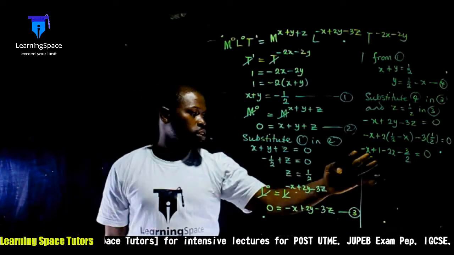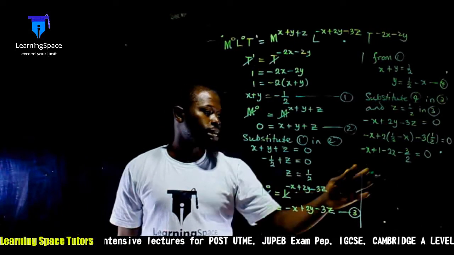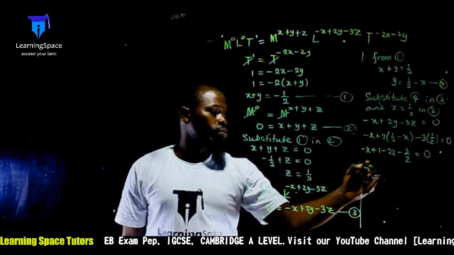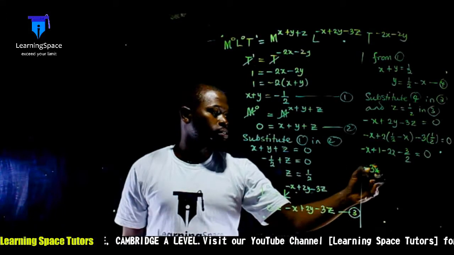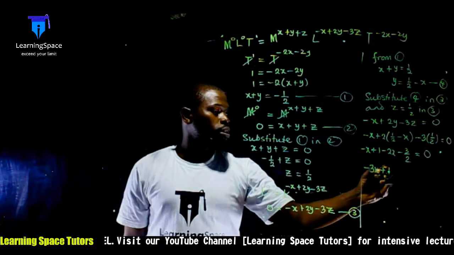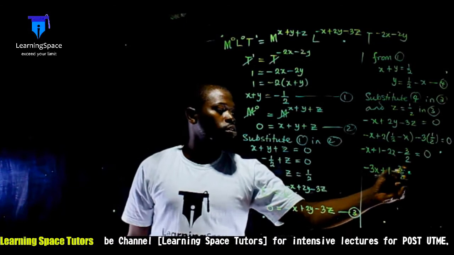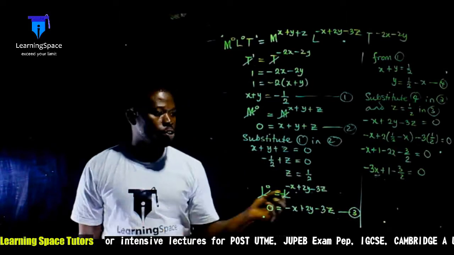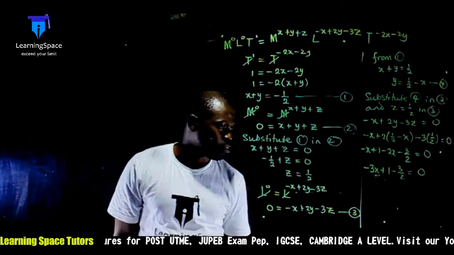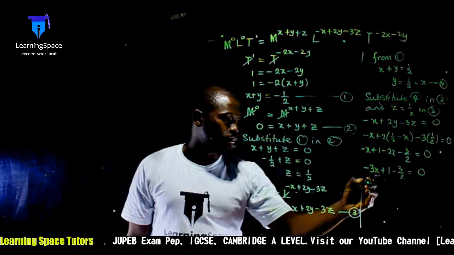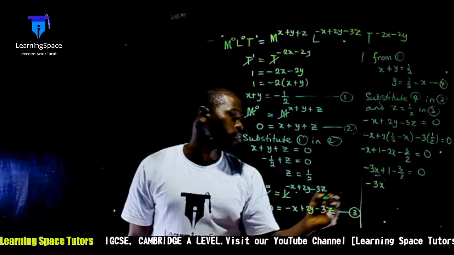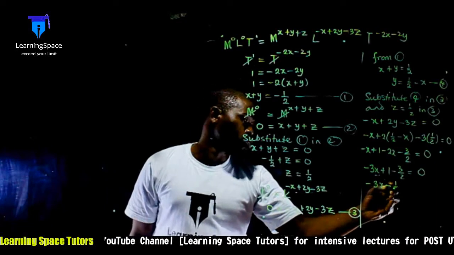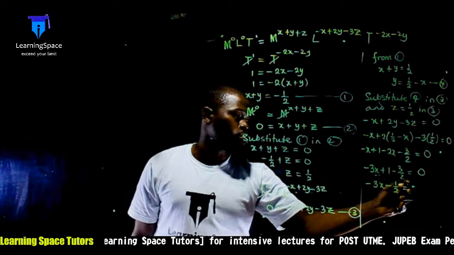Now, if we collect like terms, minus x minus 2x is minus 3x, plus 1 minus 3 all over 2 is equal to 0. 1 minus 3 all over 2 is just like 1 minus 1.5. That's going to give us minus half. So minus 3x minus half is equal to 0.